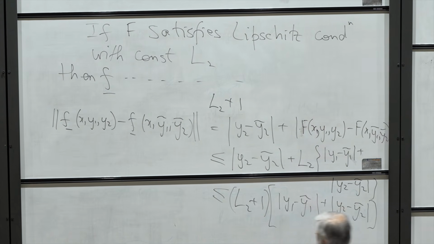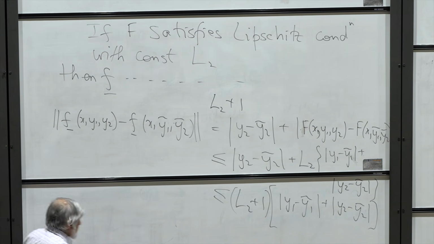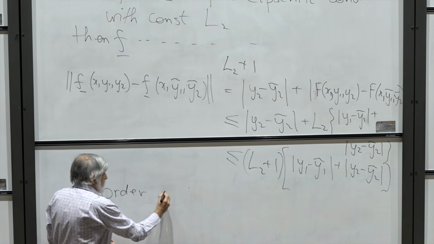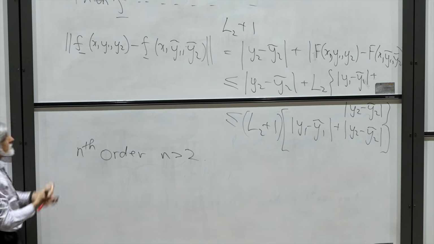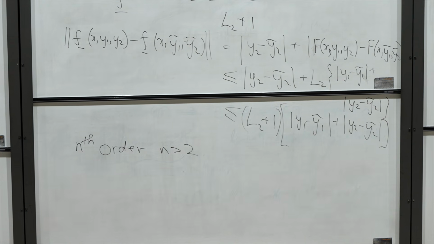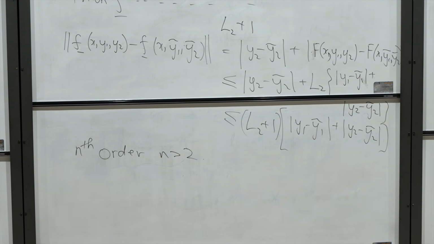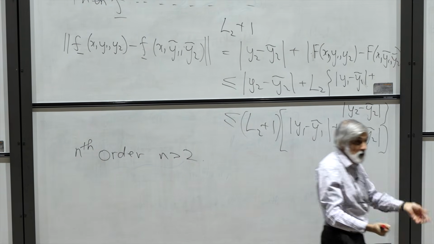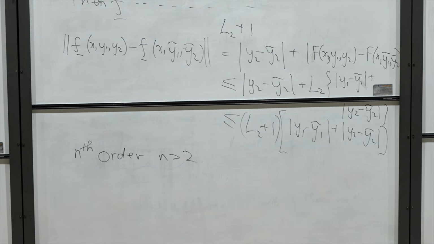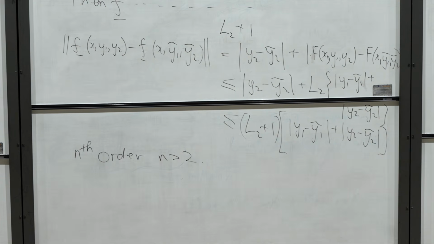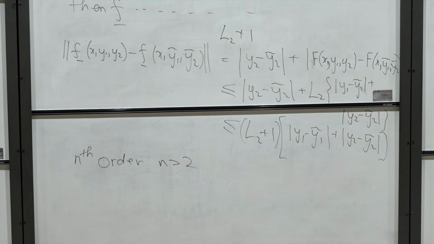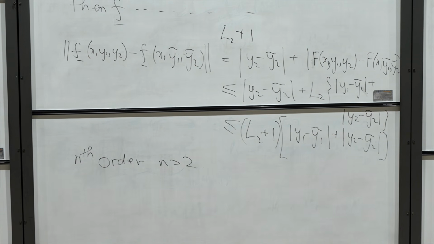So obviously for nth order, n bigger than 2, just do the same thing. y1 is y, y2 is y dashed, y3 is y double dashed, etc. And it all works out, okay?